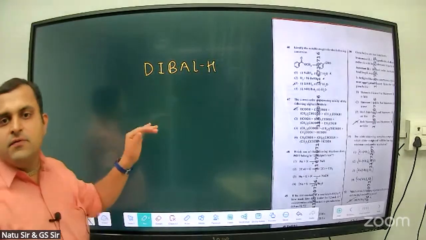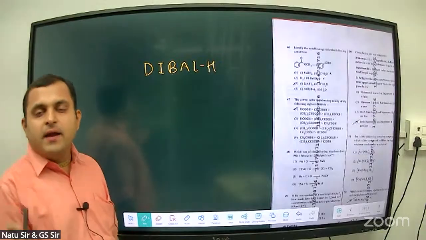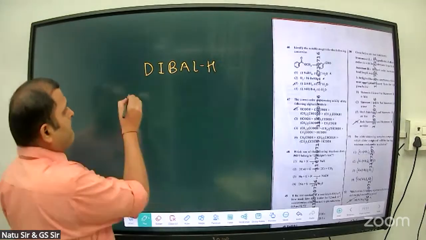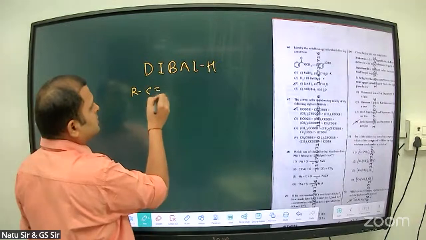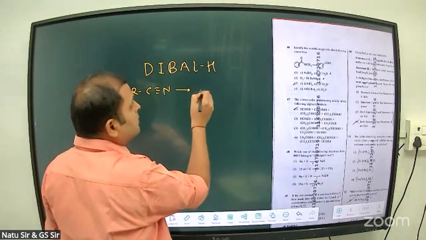This is used specifically for reduction of nitriles into amines, to bring the R triple bond N into imine.